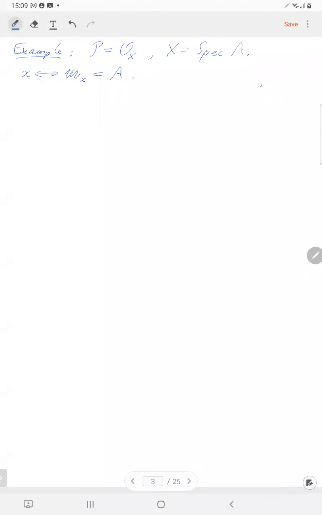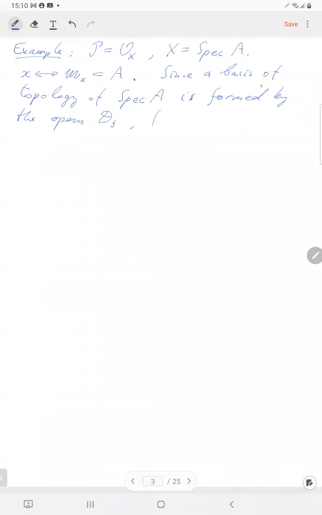A basis of topology of our X is formed by the opens D sub f.